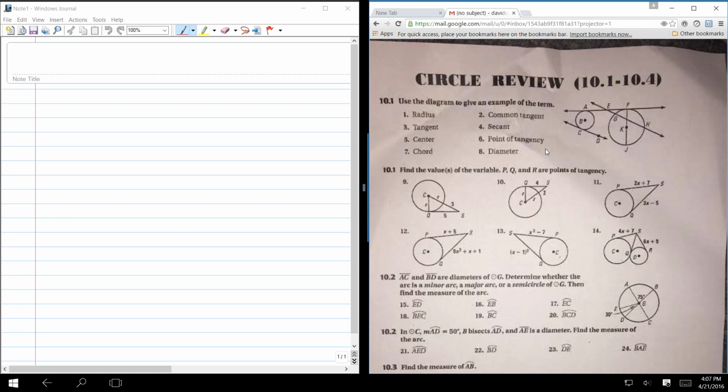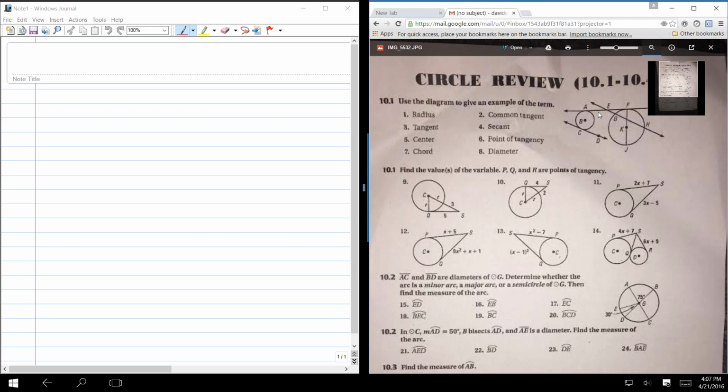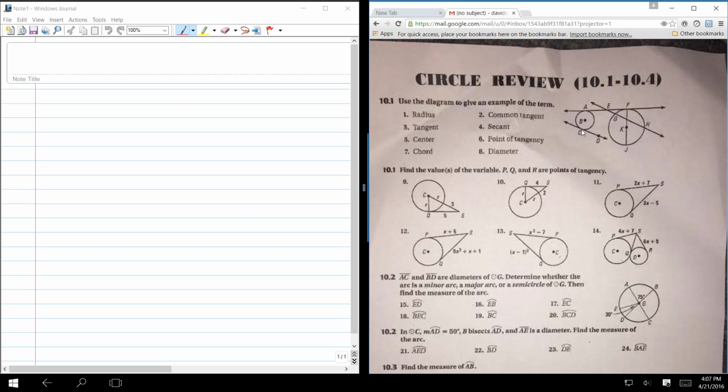That'd be like E. Not E. It's either A, F, or C. Each of those are points where a straight line touches the circle in exactly one spot only.